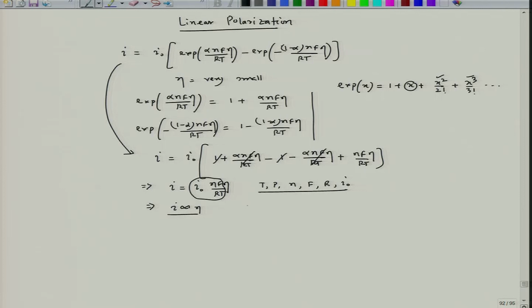That means if I plot I versus eta, I will get a straight line plot. This is possible only if eta is very small.